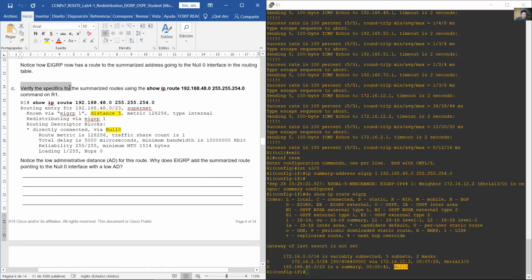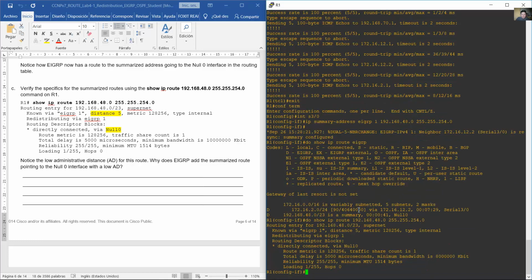Okay, verify the specifics for the summarized routes using the show ip route 192.168.48.0 and subnet mask command on R1. Okay, do show ip route 192.168.48.0 255.255.254.0.